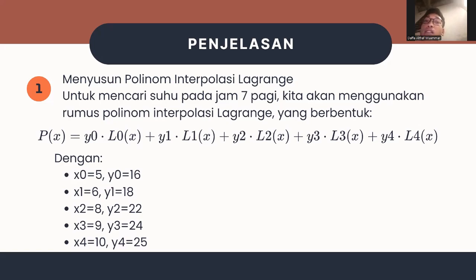Here x0 is 5 o'clock, y0 is 16, that is the temperature. x1 is 6, y1 is 18, x2 is 8, y2 is 22, x3 is 9, y3 is 24, x4 is 10, y4 is 25.